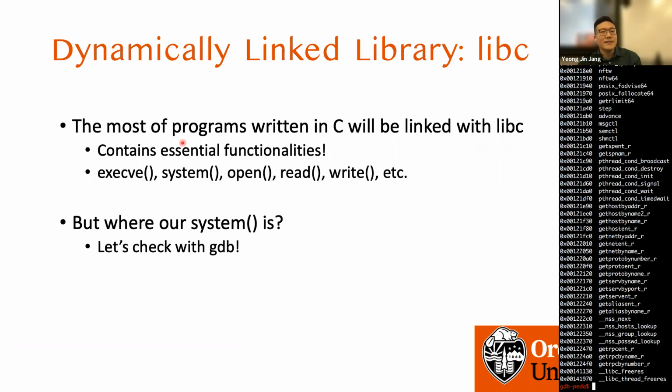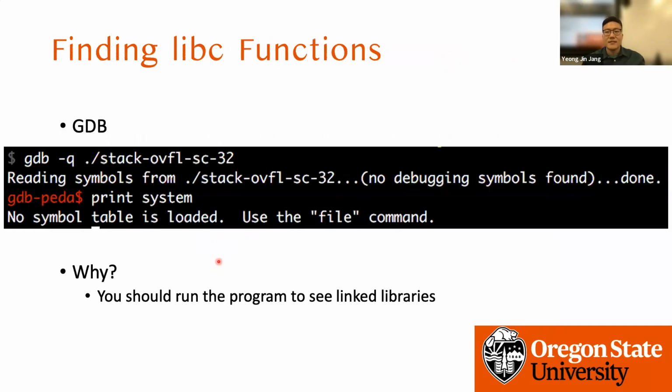Then you might want to find system, and directly run /bin/sh, or execve, or do /bin/sh with null arguments. In GDB, you can find that kind of function. Let's do that. If you open GDB with the challenge binary and try to print system, you cannot find it because there is no system function in the binary program.